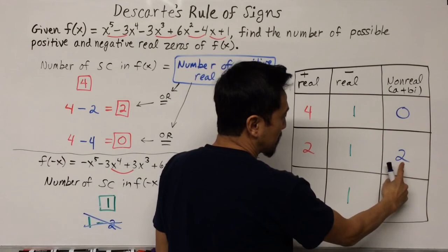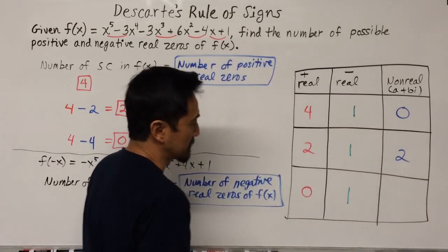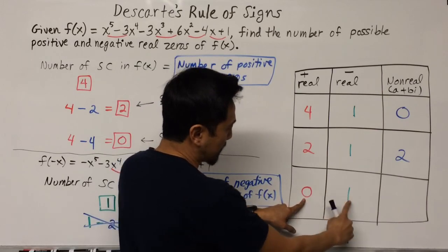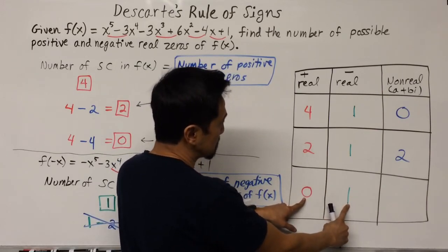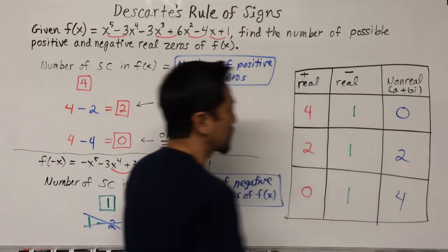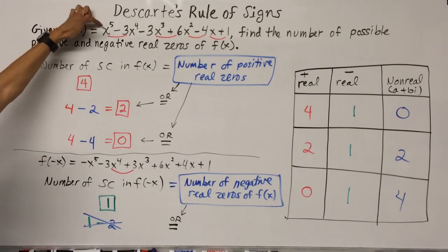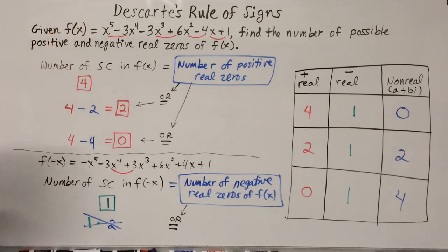So remember, they're coming in pairs because the complex conjugate pairs theorem applies here. And if you've only got 1 zero that is real, then the other 4 must be complex. Okay? And this chart is going to help you when you actually go further and want to find out what those zeros of f of x are. Alright, I hope that helps you to review.